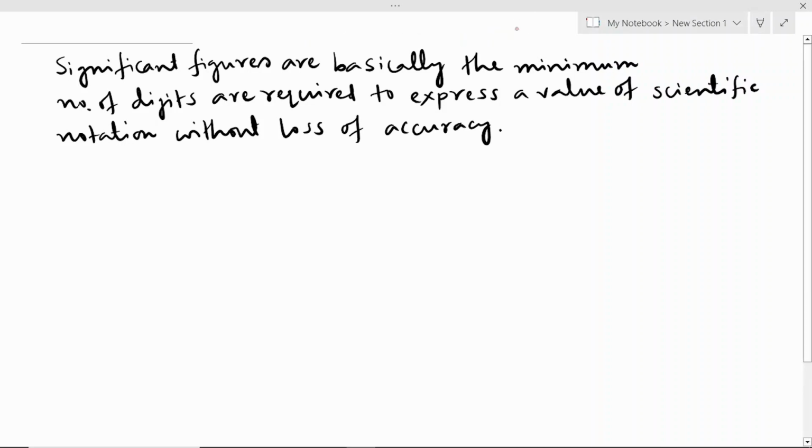There are some rules to determine significant figures in a numerical expression. What are they?